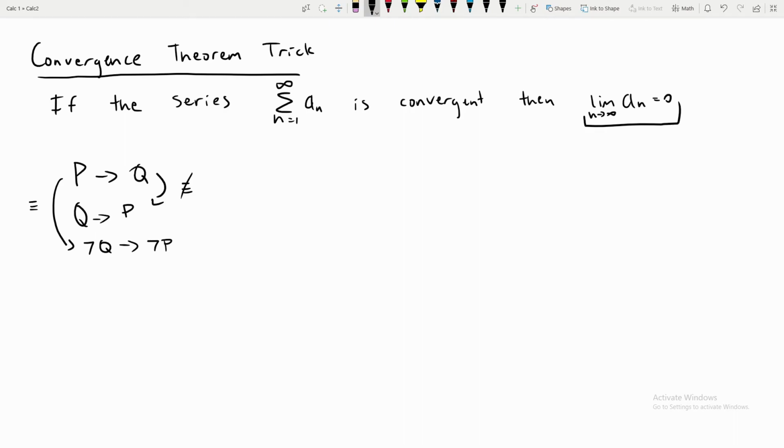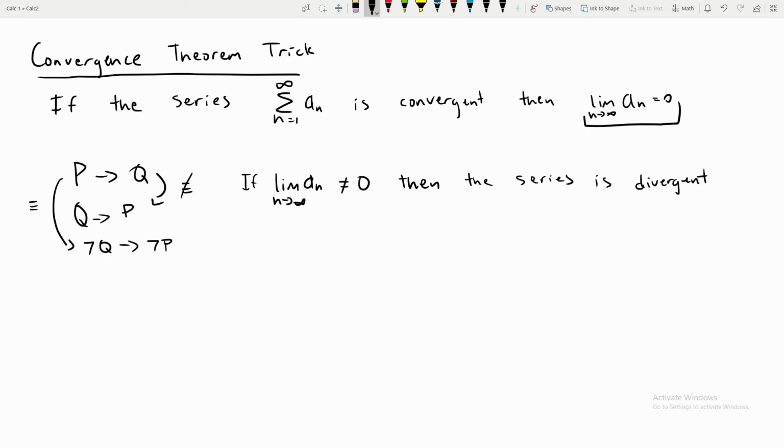So we can say that not Q implies not P. Basically, that translates to: if the limit of a_n as n approaches infinity is not equal to 0, then we take the negation of the premise, so the series is divergent, because that is the negation of convergent.